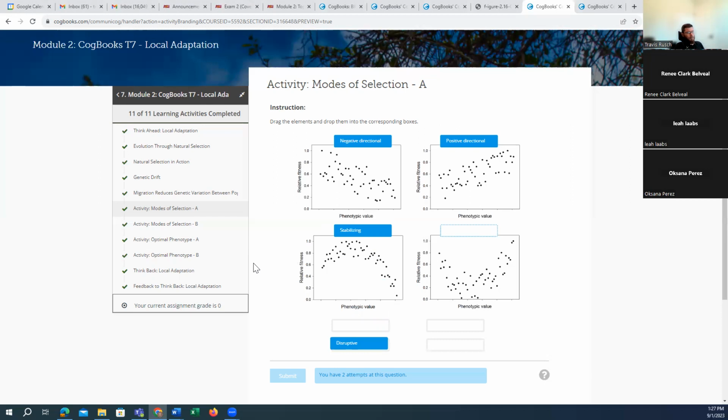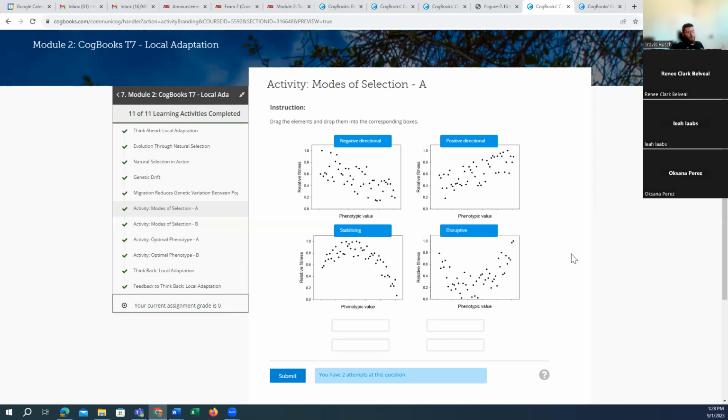It's moving toward a central average. Yeah, so if we think about phenotypic values, it's moving towards the middle. A medium-sized phenotypic value, it's stabilizing around the middle. The extremes at the low and the high end, it's moving away from those. So stabilizing. And the last one is disruptive, right?